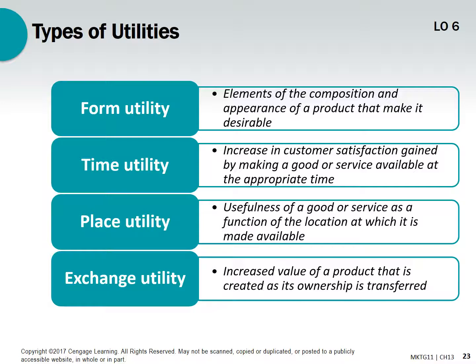Time and place utility are created by channel members when, for example, a transport company hired by the producer physically moves boxes of cereal to a store near our home in time for our next scheduled shopping trip, and the retailer, who's often the closest channel member to the customer, provides a desired product for some amount of money we are reasonably willing to give, creating exchange utility.